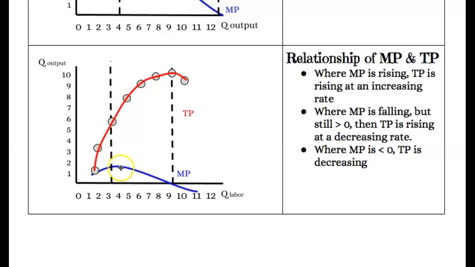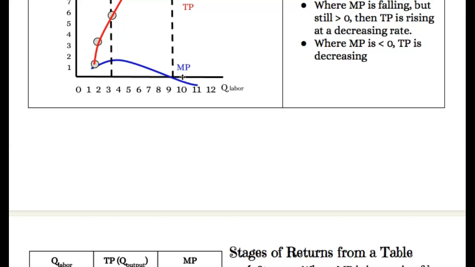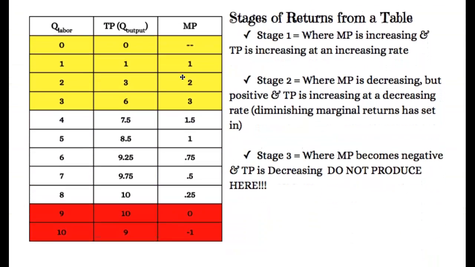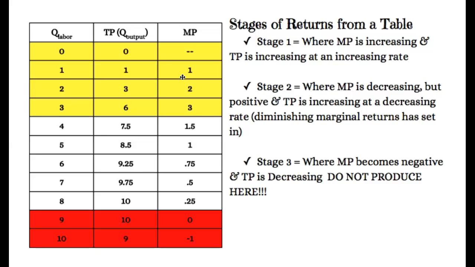So marginal product is decreasing but positive, and total product is increasing but at a decreasing rate. And when marginal product goes to 0 and negative, that is when total product is now decreasing. So each additional worker is costing you more and more to produce. They're not worth having at all. They're costing you money.